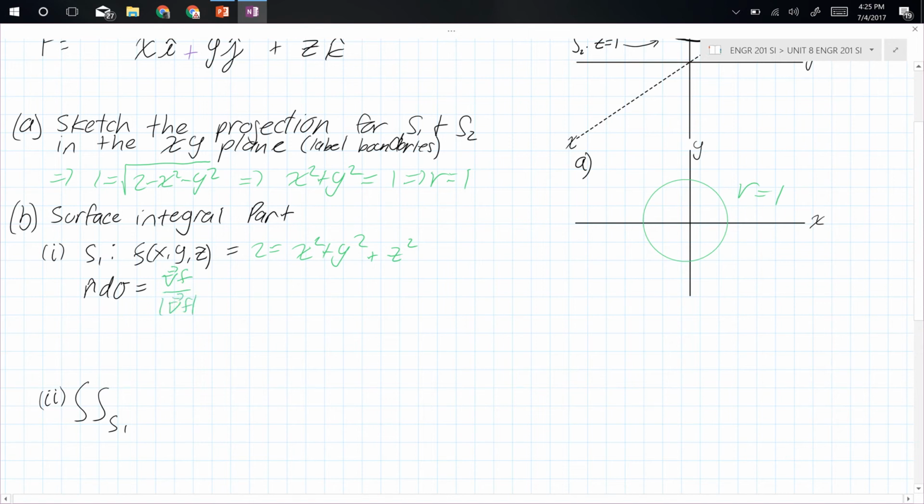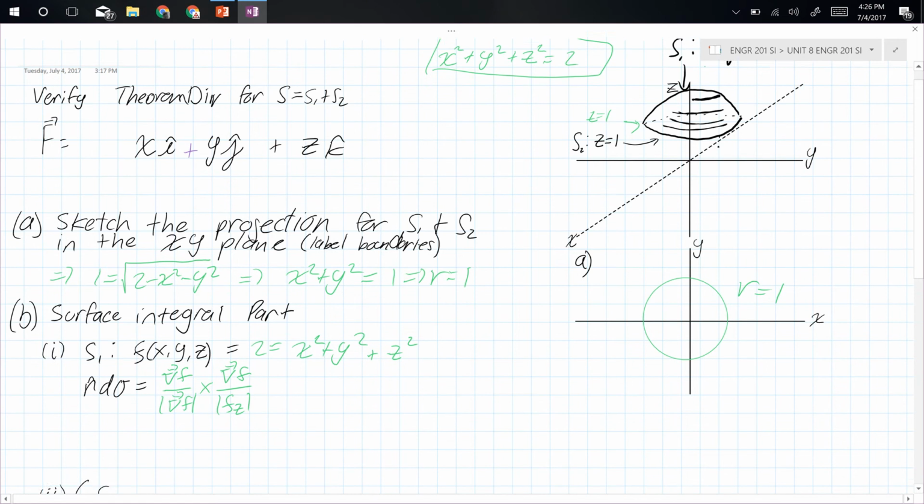It adds direction to this d sigma, where d sigma is a magnitude, which correlates to del f and the area of our region. I'm putting a cross here because I don't want a dot for multiplication, since I don't want this to be a dot product. It's a vector times a magnitude. So d sigma is the magnitude of del f over f_z.